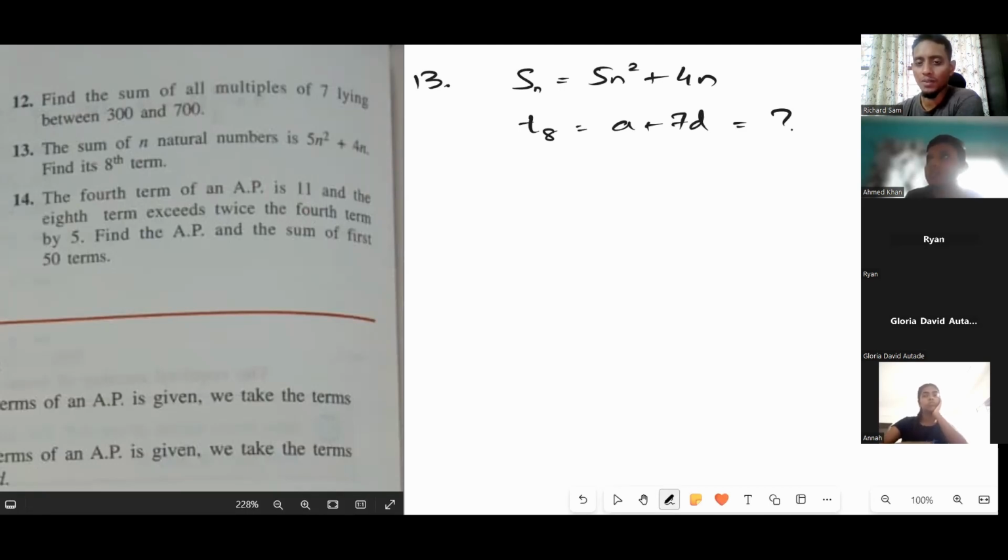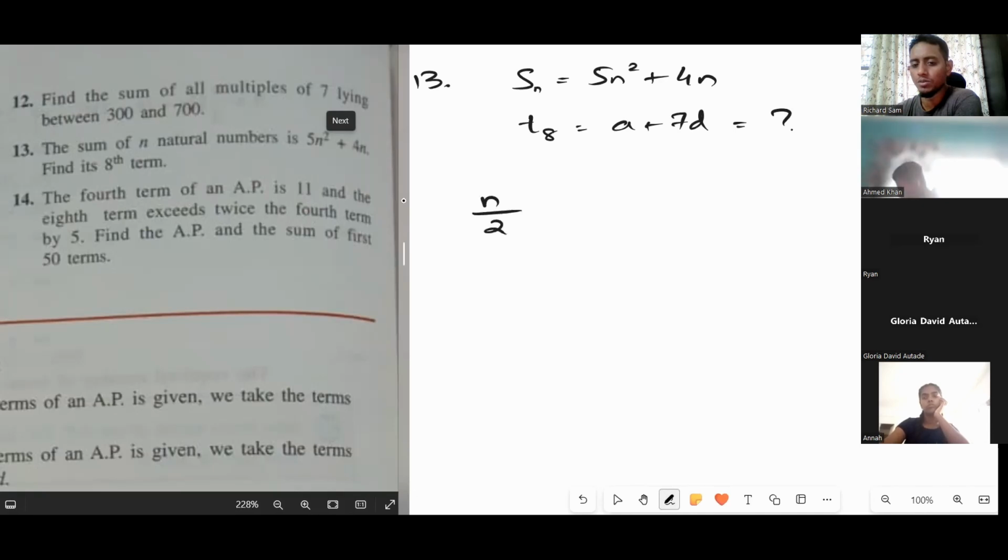All right. So what we have is only one thing: sum of n natural numbers is 5n square plus 4n. Now, what's the formula for sum? So we have two formulas. The first formula is n upon 2 into 2a plus n minus 1 into d.